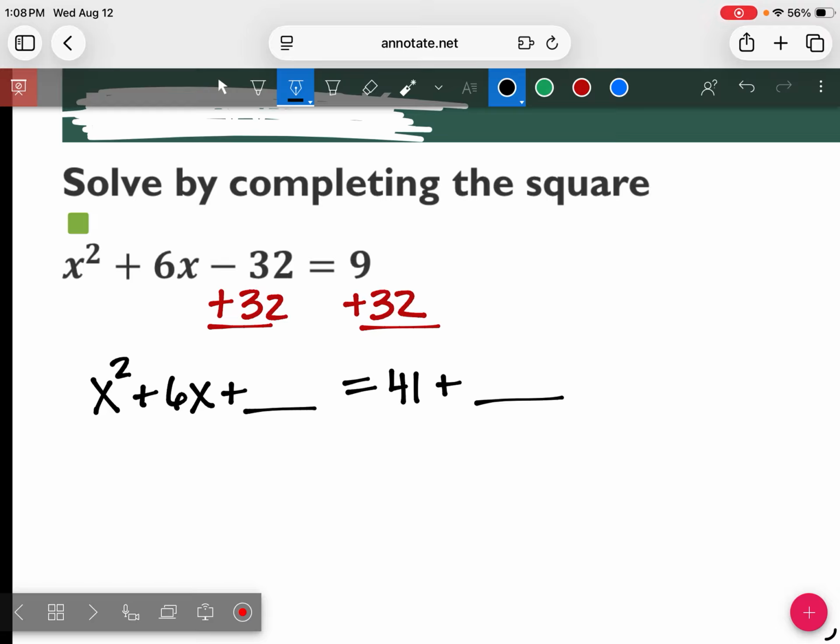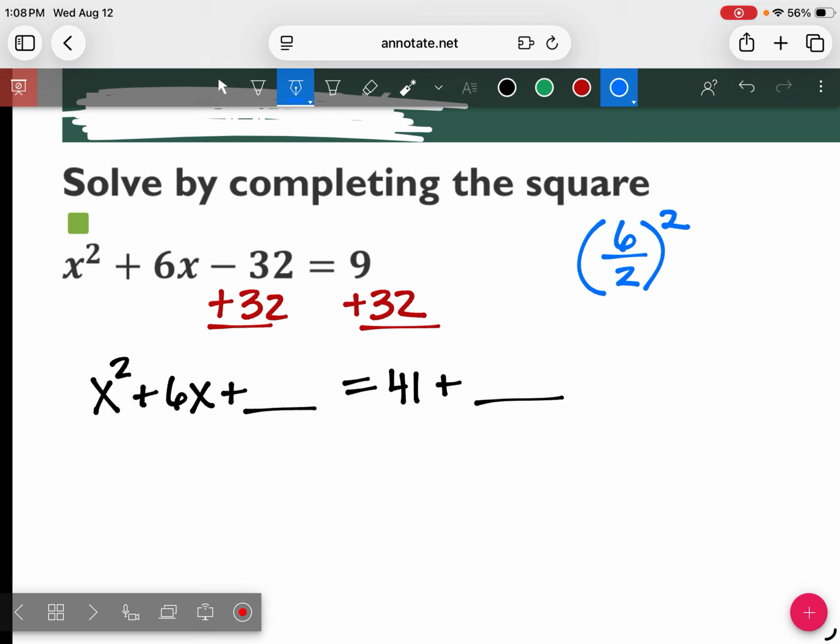So we need to figure out what number is going to go on the line. And that number is B divided by 2 squared. So go ahead and that should always be a perfect square. It should be a 4, a 9, a 16, a 25.